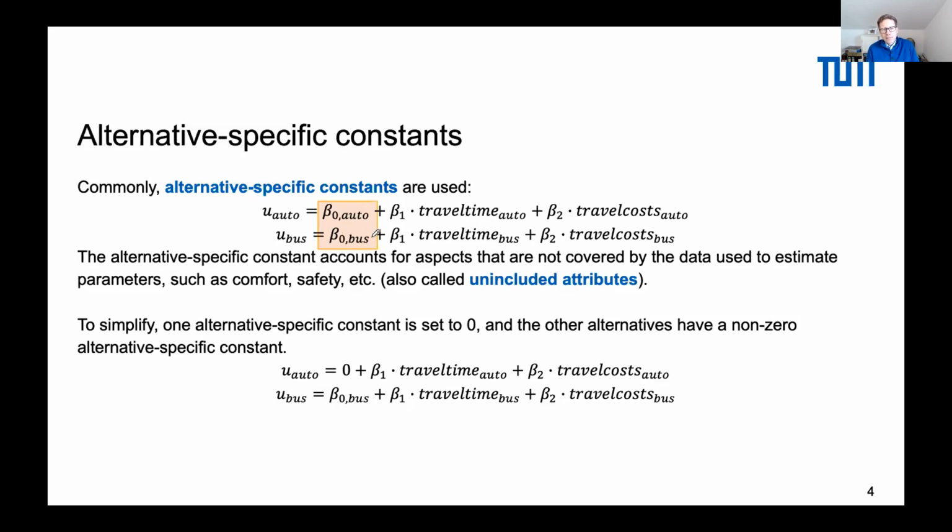And that's often something like comfort or safety, or it could also be an attitude someone has towards a mode, or a habit or a prejudice. We call those the unincluded attributes: things we know that affect mode choice, but we're not able to measure them, and therefore they are unincluded.